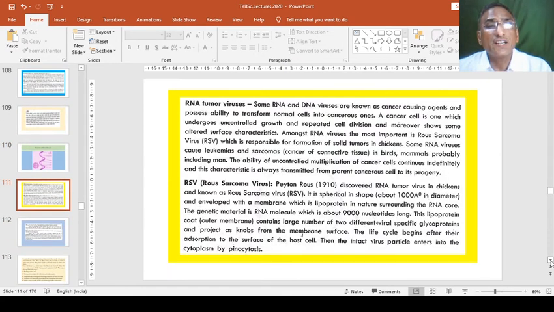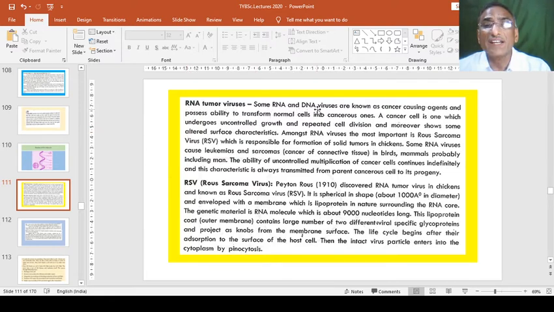Now, RNA tumor viruses. RNA have different structures, but mostly they are found in the viruses. So, tumor virus, retrovirus, HIV virus, then Rous sarcoma virus. There are so many viruses. What the arrangement is, we will see in RNA tumor viruses.